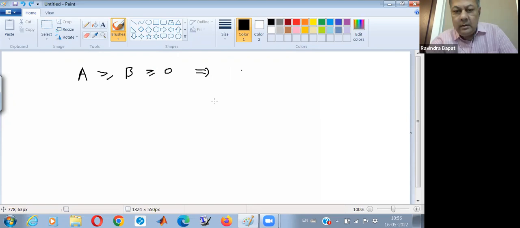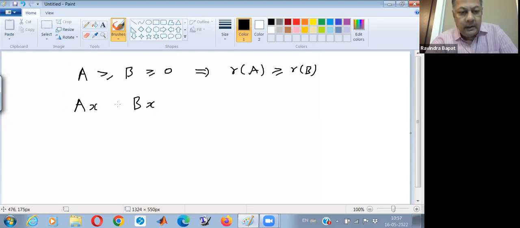The proof is not difficult. One proof is at least very easy. You take the eigenvector of A and the left eigenvector of B and multiply on the left, so I can make this inequality.